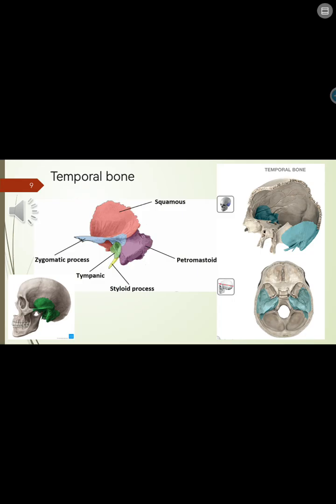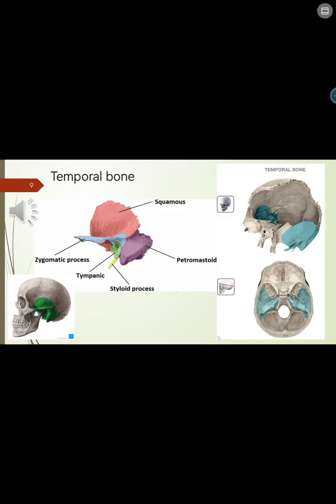We have four parts: a squamous part in red, petromastoid part in purple, tympanic part in green, and styloid process in yellow color.